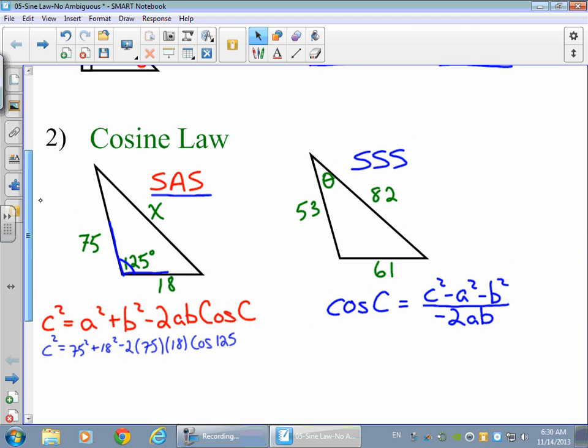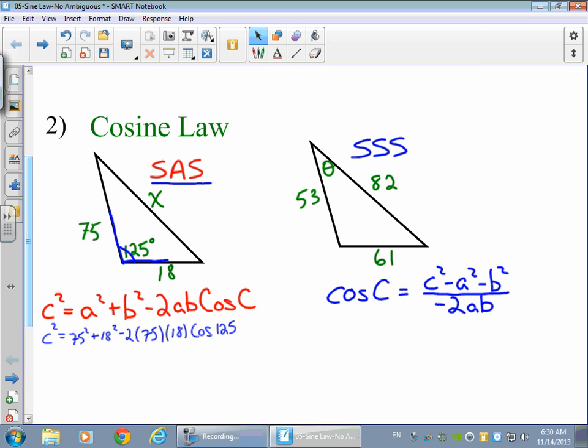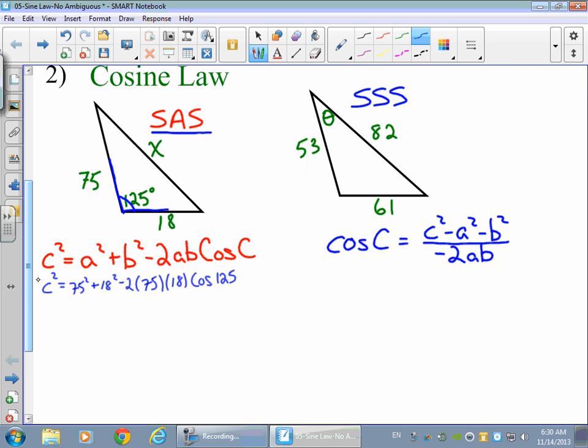The second option was if we have exactly and only the three sides. So again, 53, 82, 61. One important thing to recognize here is that when we're labeling a diagram, we always consider the sides and the angles that are opposite each other to have the same name. So this is side C here, and this is angle C that I'm looking for. The other two don't really matter. So if I'm plugging in these numbers, I've got cos of the unknown angle.